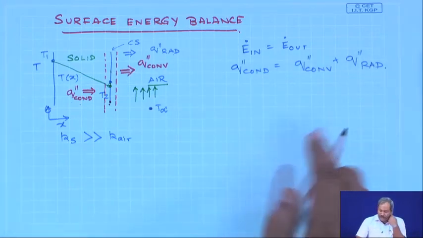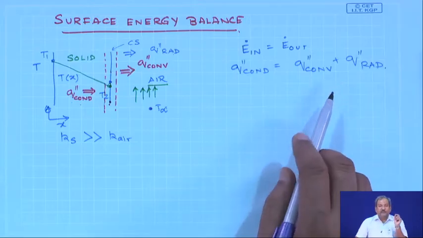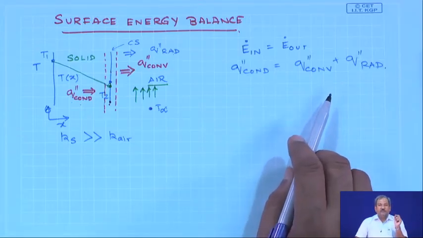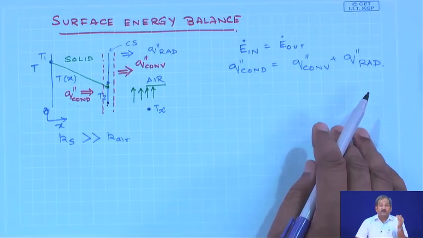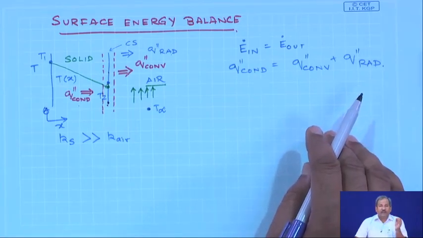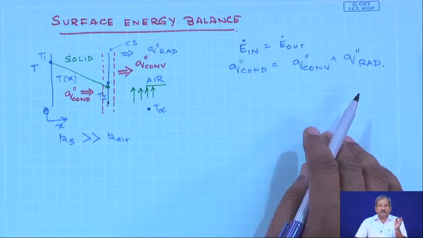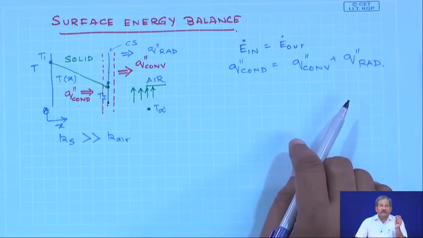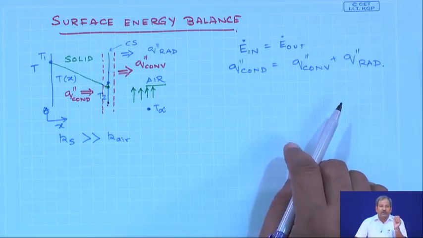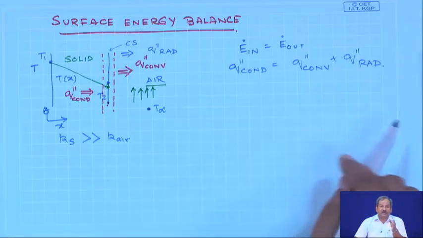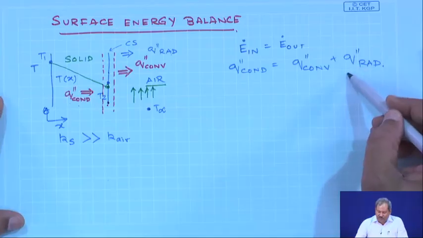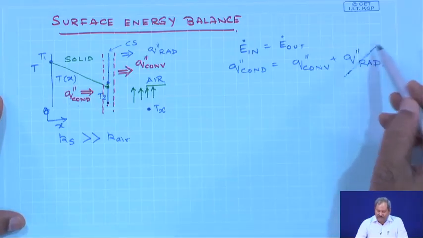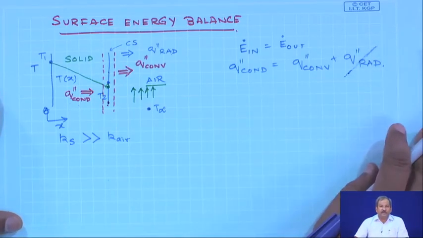Okay. So, in most cases the radiation becomes important only when the temperature is quite large. In many realistic situations, the radiation does not play a significant role as compared to conduction and convection. So, when that happens, we can also drop the radiation, since it may not be that significant.